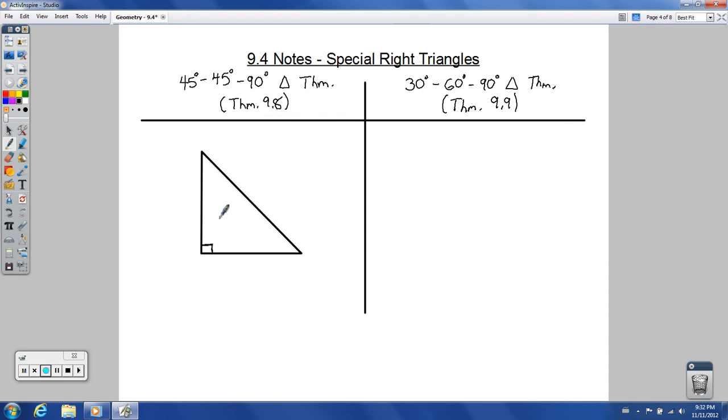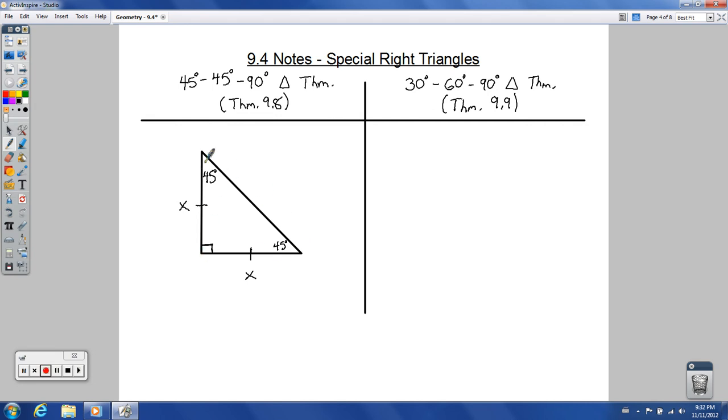So that's the 45, 45, 90, saying this is 45 degrees right here, and saying this is 45 degrees down here. And we know, based on the fact that these are the same, the converse of the base angles theorem tells me that if the base angles are the same, these sides have to be the same as well. I'm going to call this x, and I'm going to call this x, and what is this?